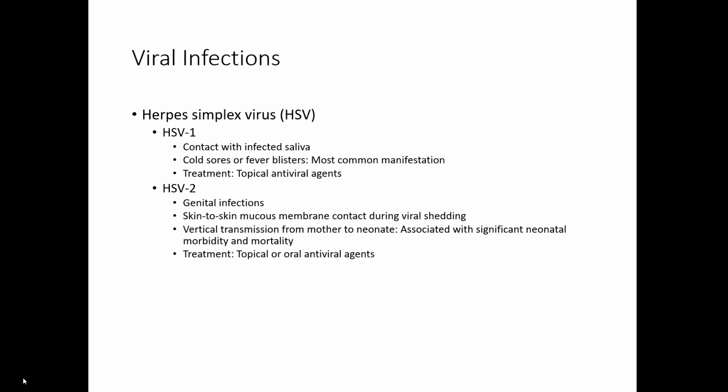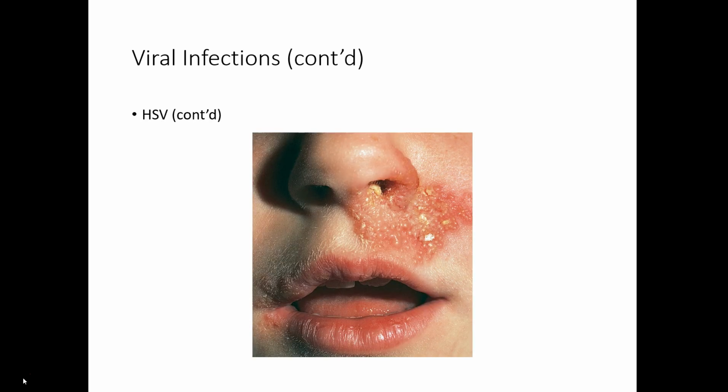HSV 2 is more serious. It involves the genitalia, skin-to-skin mucous membrane contact during viral shedding, vertical transmission from mother to neonate, and it is associated with significant neonatal morbidity and mortality. Treatment is topical or oral antiviral agents as well. The picture here shows HSV 1.